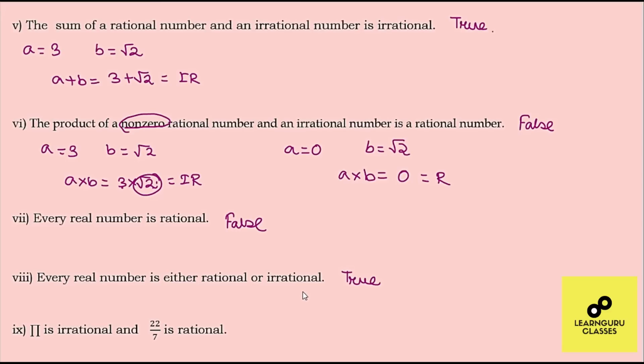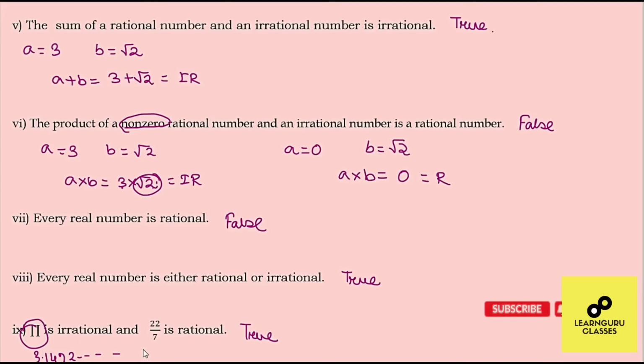Pi is irrational and 22/7 is rational. Yes, it's true because if we consider the value of pi, it is something like 3.1412, which is a non-terminating and non-repeating decimal expansion.